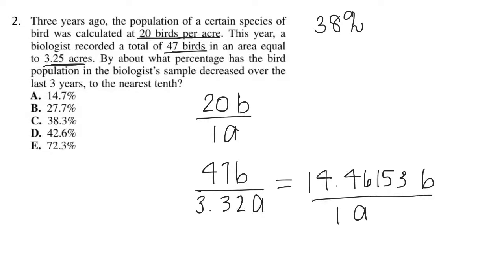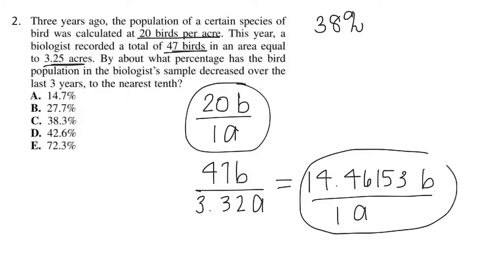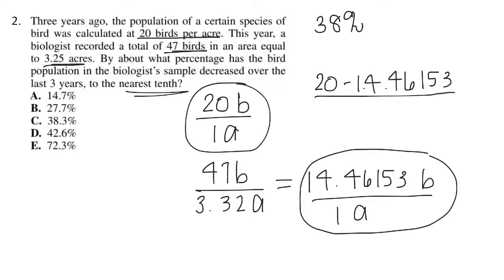So what we can do here now is we can tell the difference in this 20 birds and this 14.46. So to finish out the problem to see what that percent difference was to the nearest tenth, we're going to do some subtracting here. So we're going to say 20 minus 14.46153, and then I'm going to have to go back, and that's out of 20.